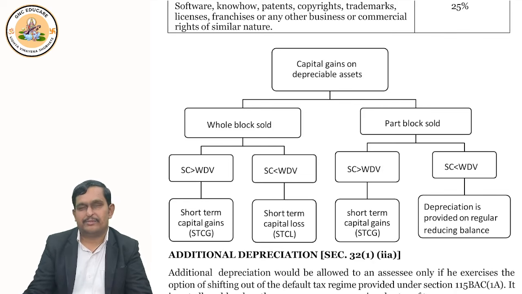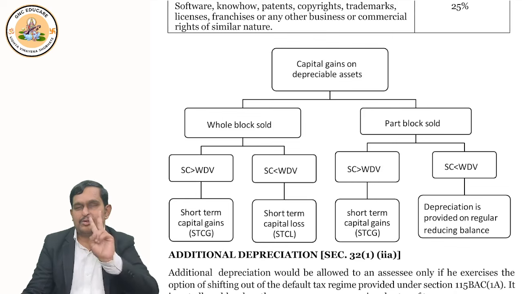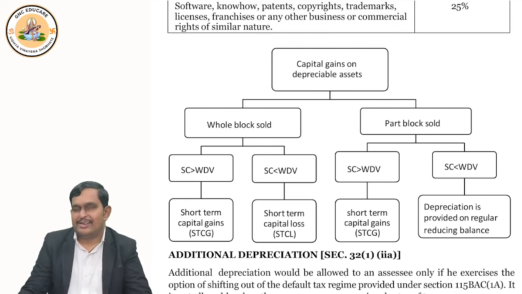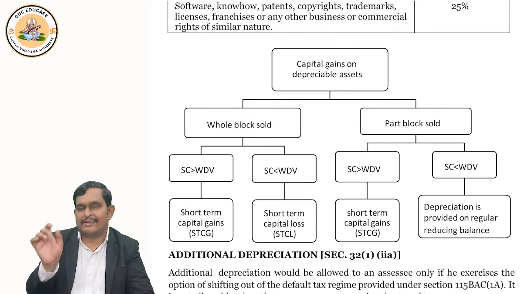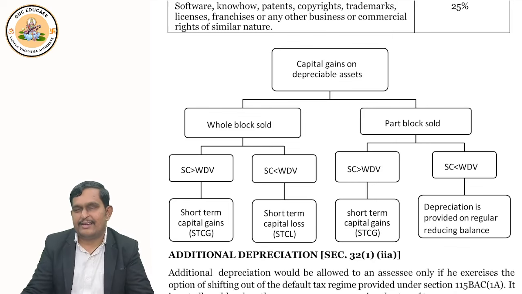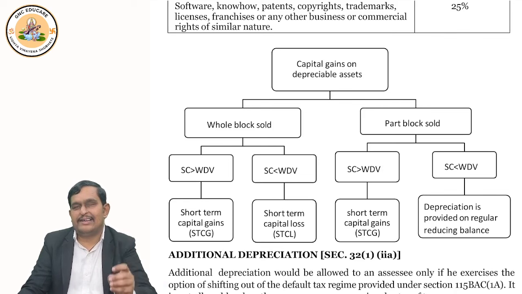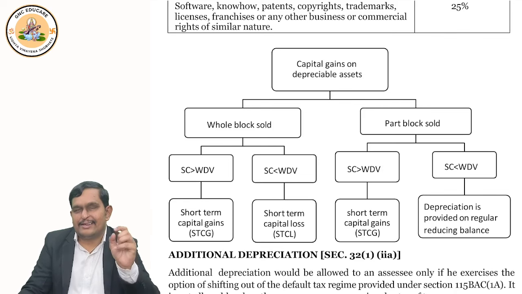We'll deduct both. But in income tax, now there are two regimes, right? One is the default tax regime, 115BAC, and another one is the optional tax regime, the old regime, correct? So if you are filing return under the default tax regime, that is under section 115BAC, subsection 1A, in that case, you will not get additional depreciation.